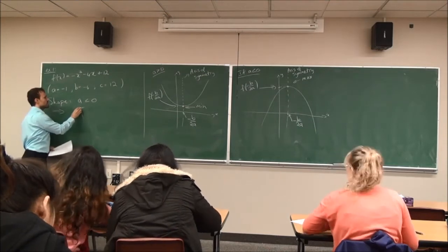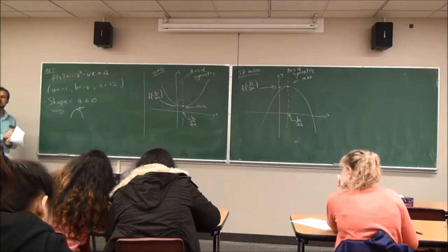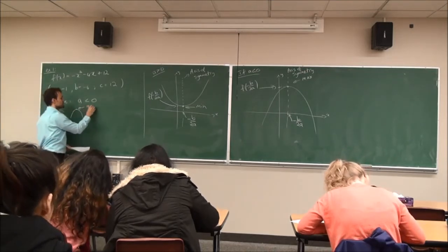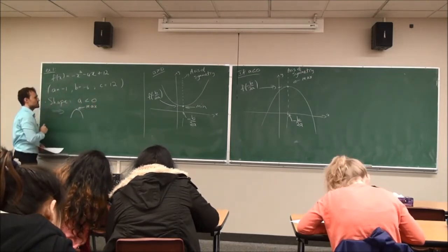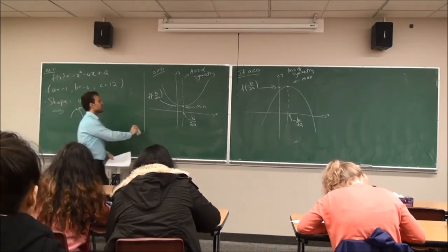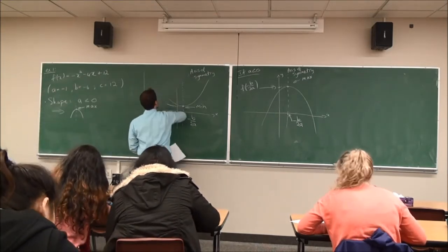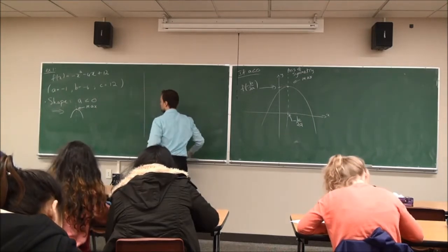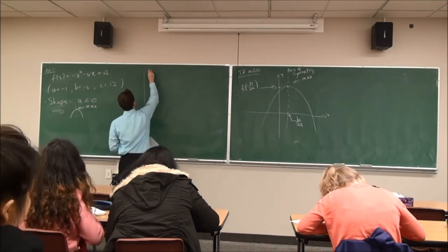So what do I have, a maximum or a minimum? Maximum. Next step is, where does this maximum occur? So I want to find the axis of symmetry. That gives me the x value where the maximum in this case occurs.